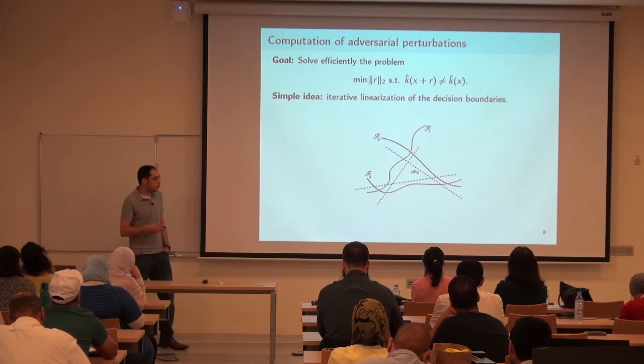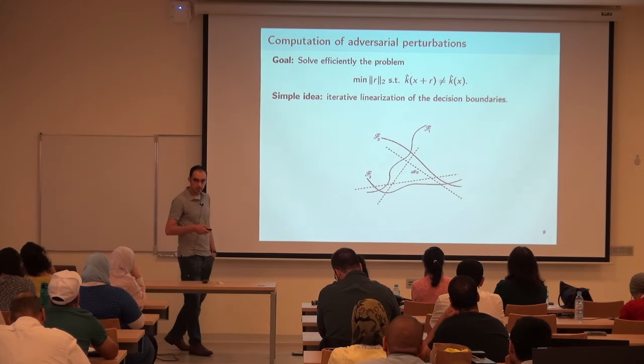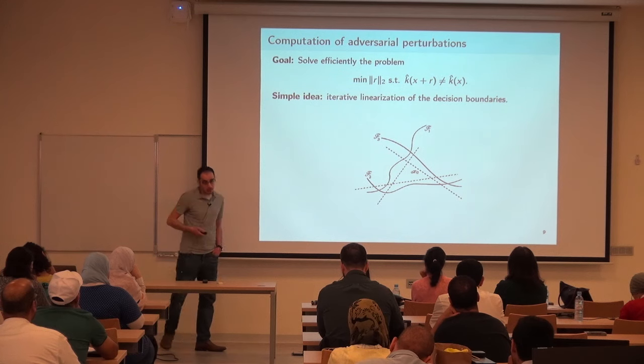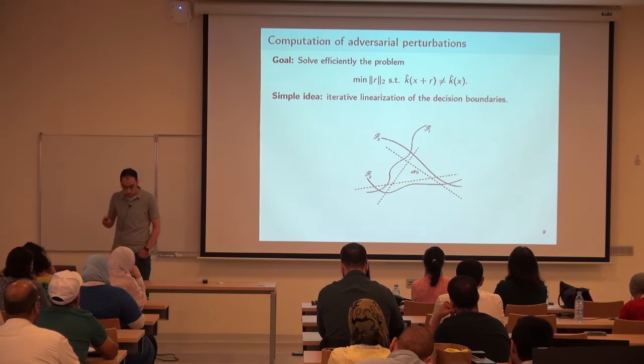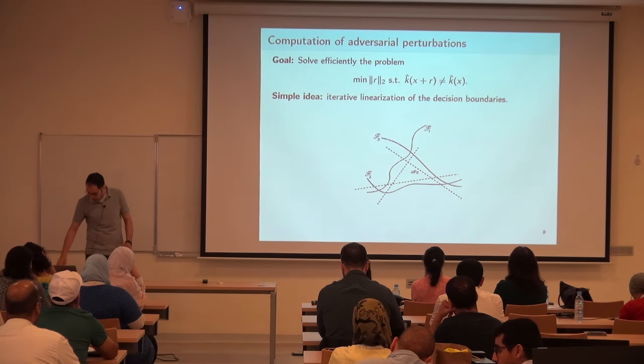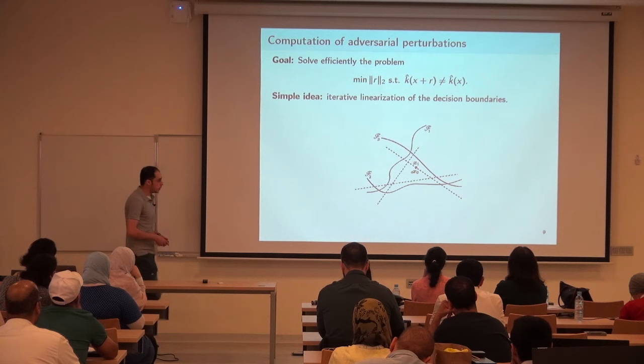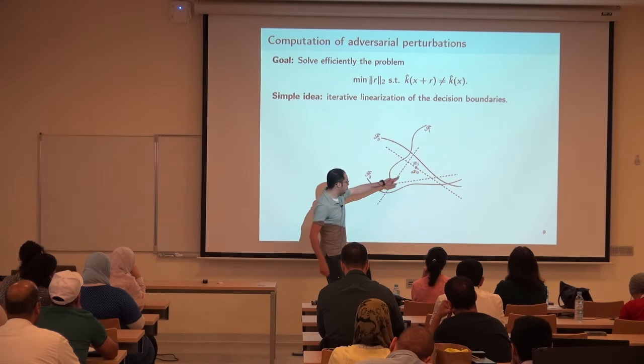Now if you have a linear classifier, it's very easy to compute the distance, or the vector, that goes from x0 to outside the decision boundary of this linearized classifier. You can solve this in closed form, and this corresponds to this vector here that goes from x0 to x1.